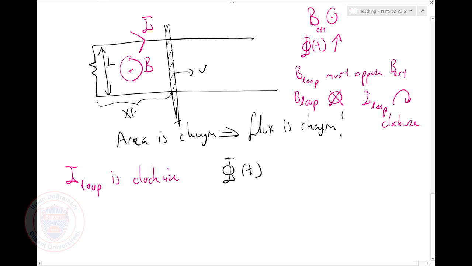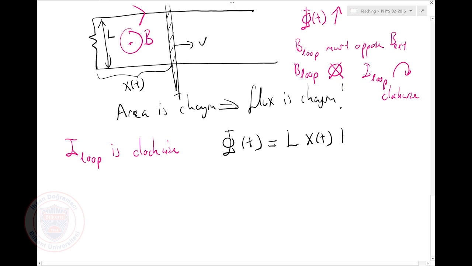Let me call this x of t. So the flux through this loop at any time would be L times x of t, where x is the position of my rod on the rails, times the magnetic field, which is constant.